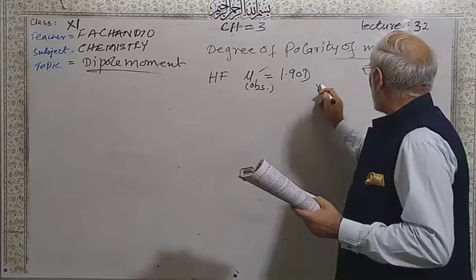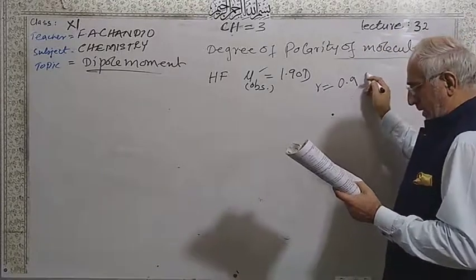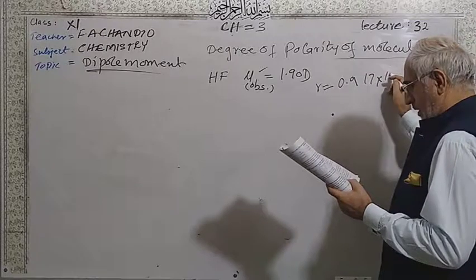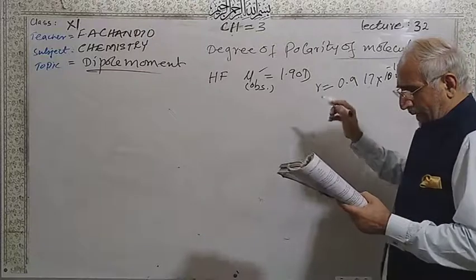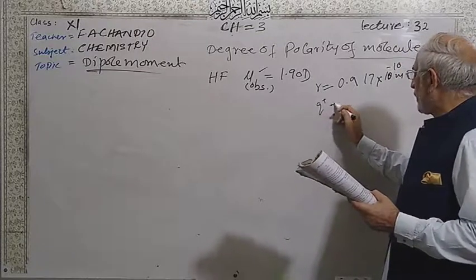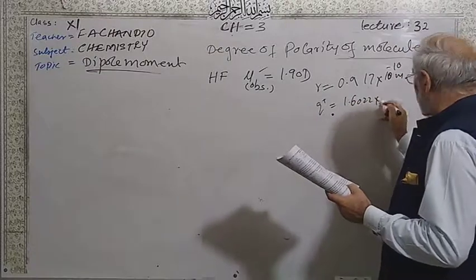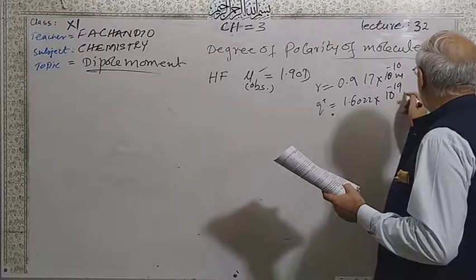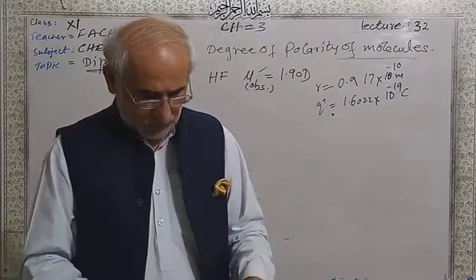The value of the distance R is 0.917 into 10 raised to the power minus 10 meters, and the unit positive charge Q is 1.6022 into 10 raised to the power minus 19 coulombs. It's a constant you did in chapter number 2.